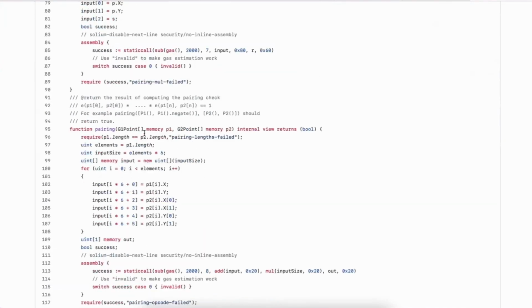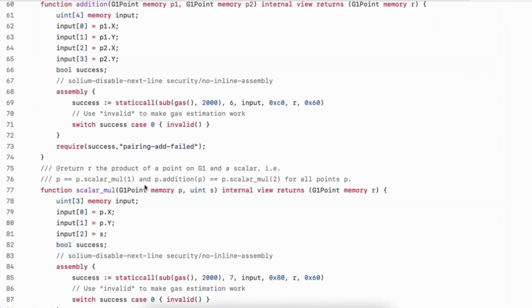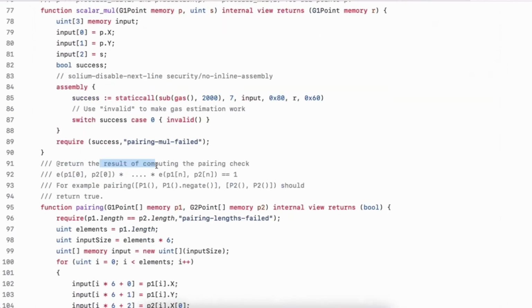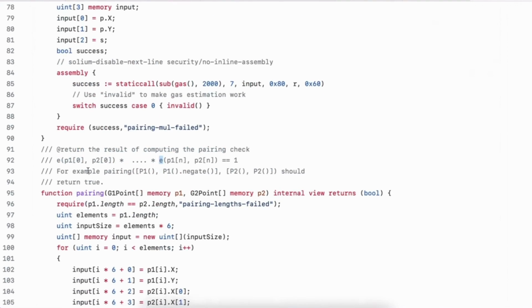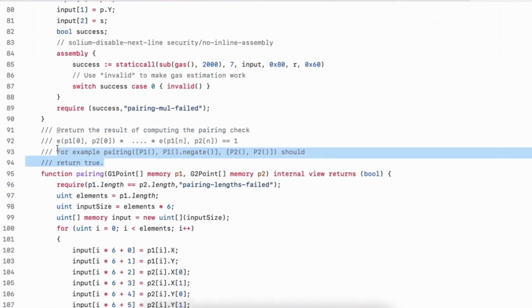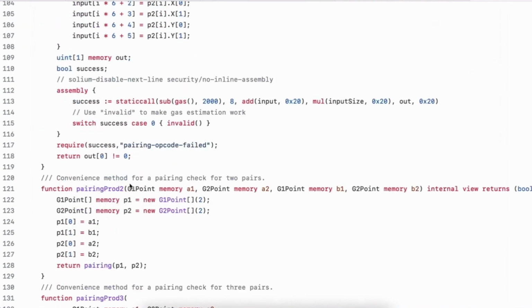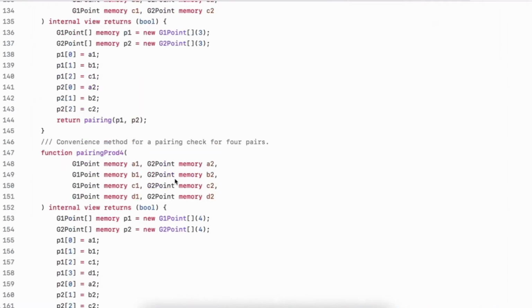It seems like the product, right? And then the result of computing the pairing check. What is E? Pairing should return true. So convenience method for a pairing check for 2 pairs, pairing check for 4 pairs.